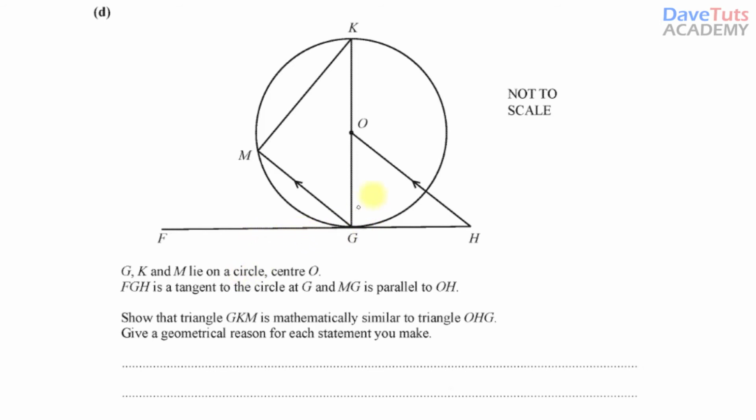I can readily see that angle OGH is going to be a right angle. Okay, and then this is also going to be a right angle. But like we have been asked, we need to state the reason for which we are saying all of this. In the first case, I can say angle OGH is 90 degrees, because it is the angle between the tangent and the radius of the circle.